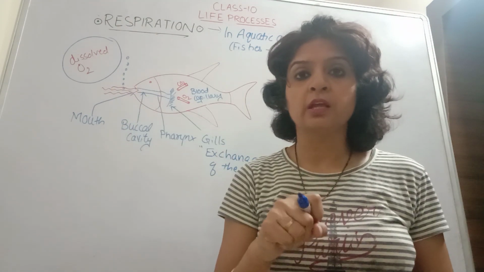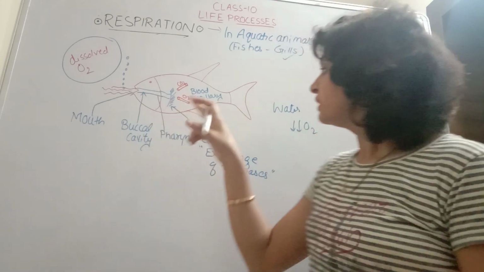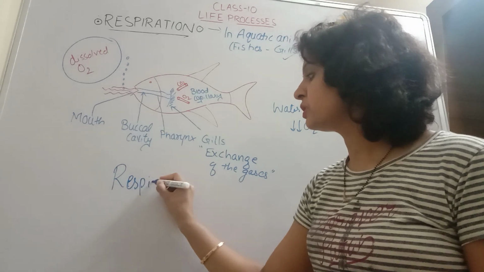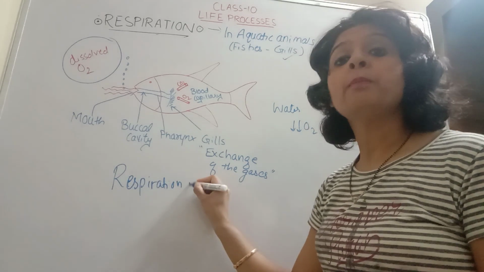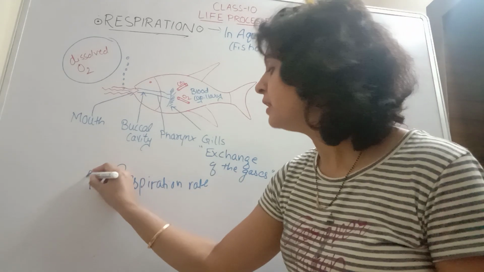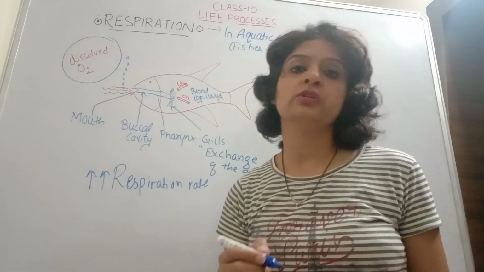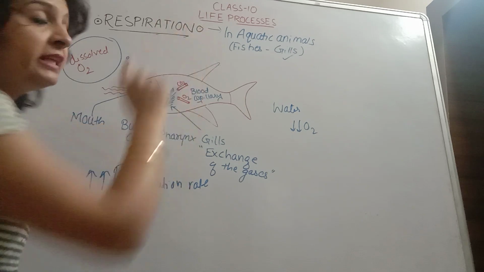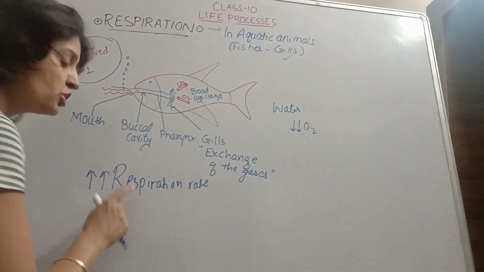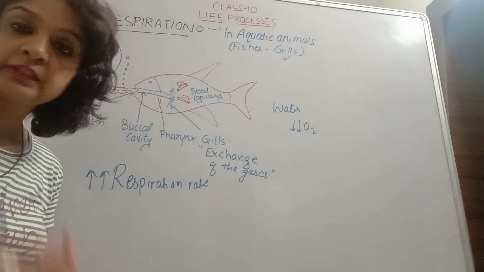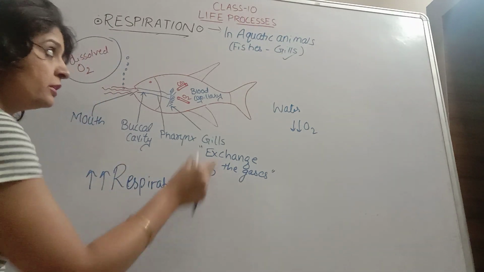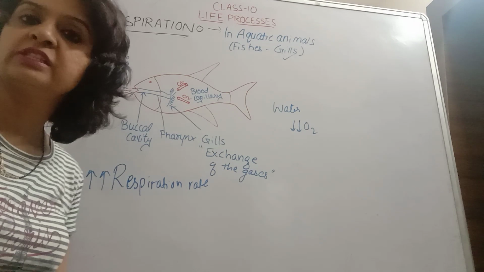In that case, these aquatic animals have a respiration rate which is comparatively higher than terrestrial organisms. For aquatic animals, the rate of respiration is always high. This is a 2-mark question. Why is the respiration rate high in the case of aquatic animals?